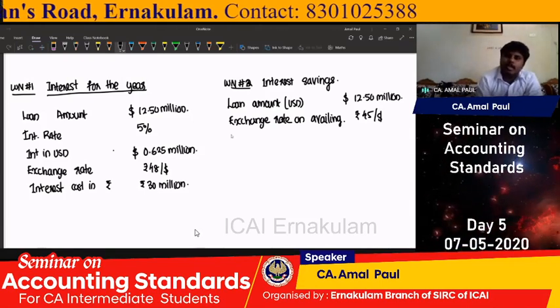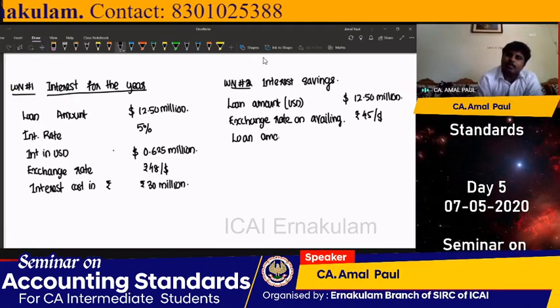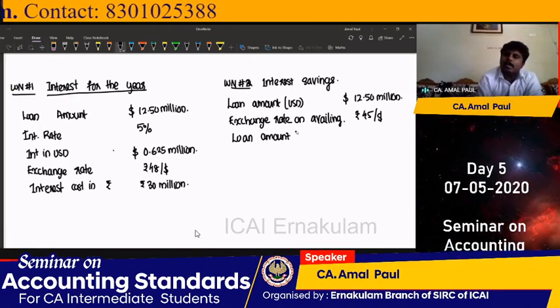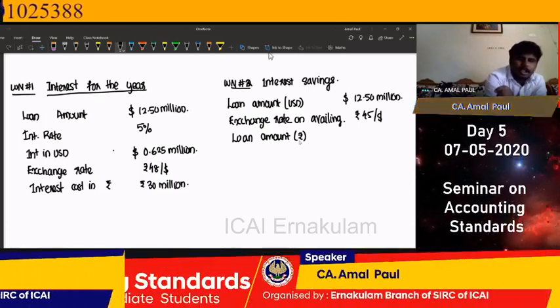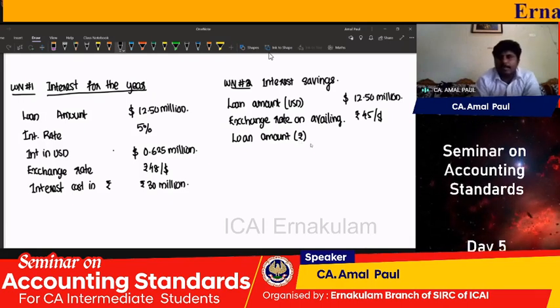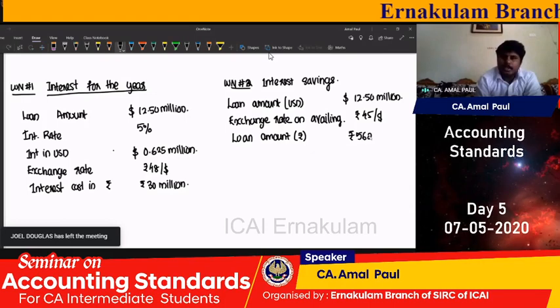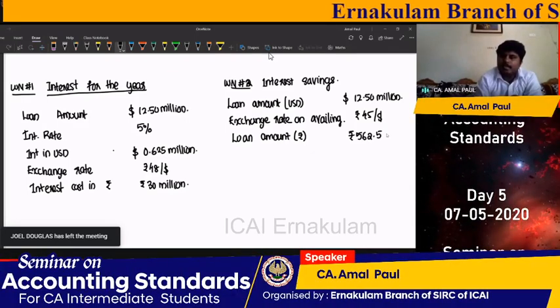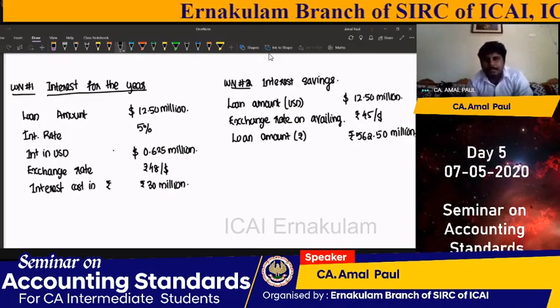So what is the loan amount in Indian rupees? That will be 12.5 into 45, that is rupees 562.50 million. This is your loan amount.